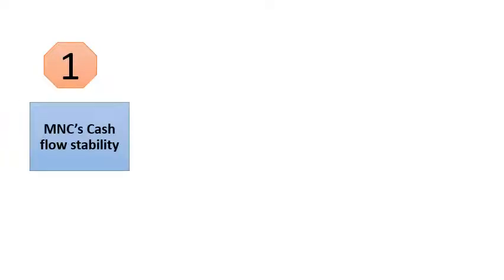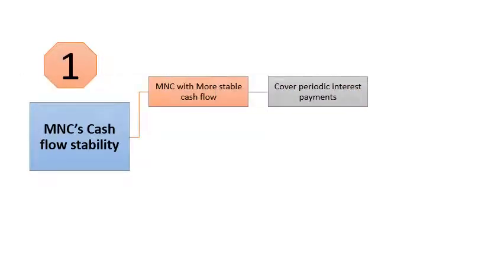The first company characteristic is the multinational corporation's cash flow stability. A multinational company with more stable cash flow means that it can cover the periodic interest payments in time.